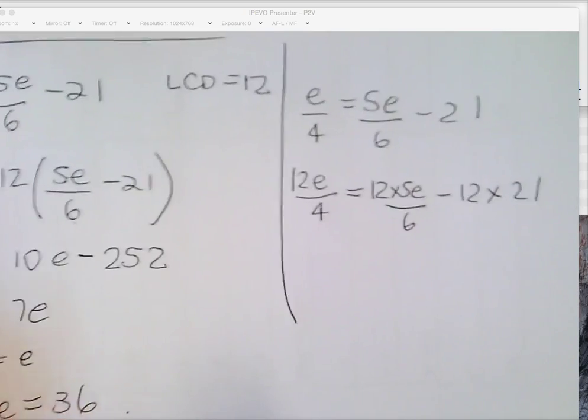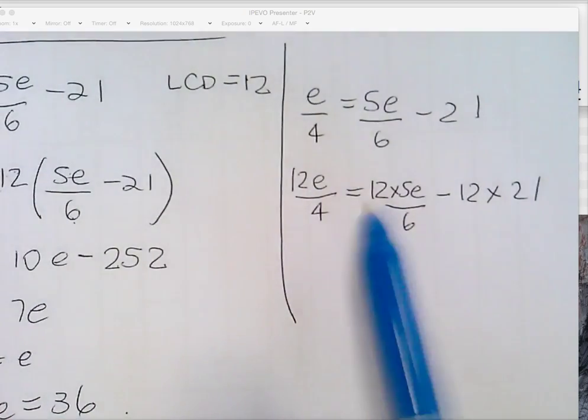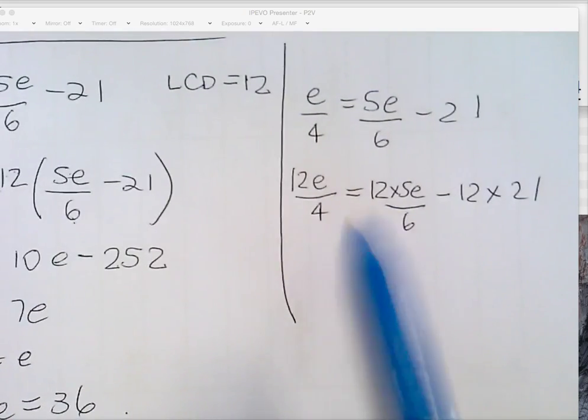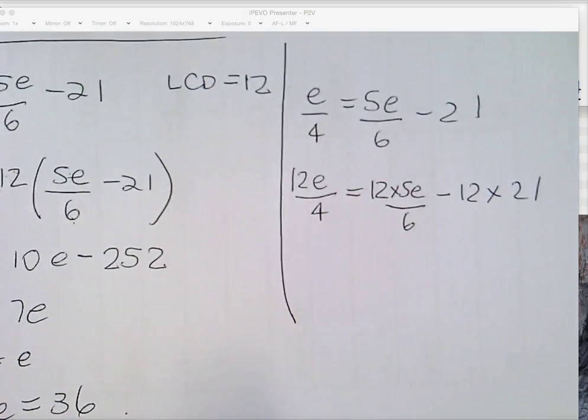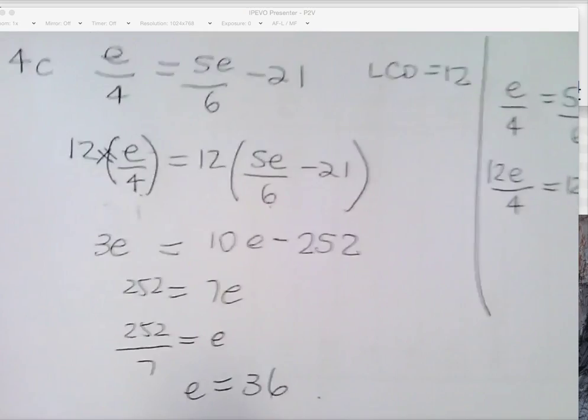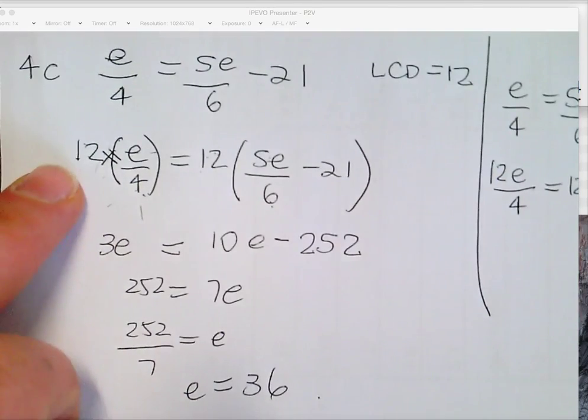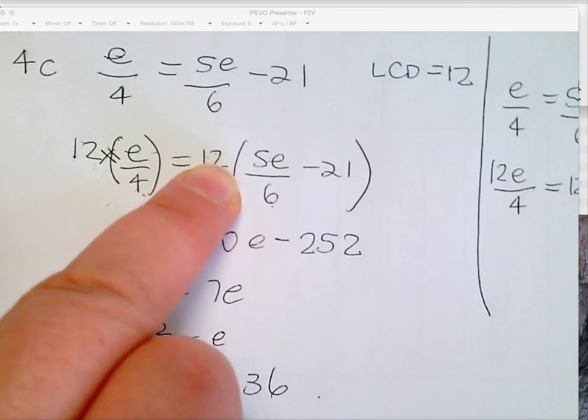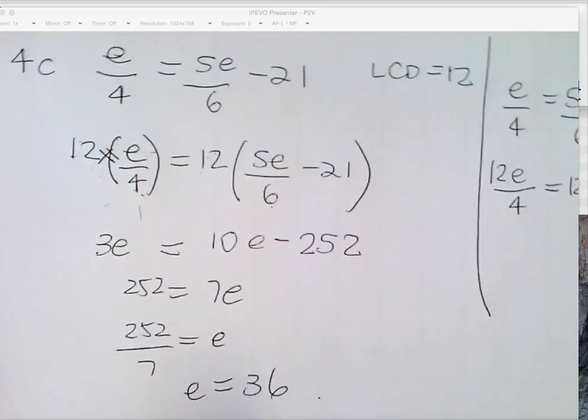Now, the reason I haven't shown you that straight away is that a lot of people think she's multiplying the left by 12, but she's multiplying the right-hand side by 12 twice. Why is she doing that? Do you see why when I put it in brackets, it's just showing multiply the left by 12, multiplying the right by 12, but there are two things on the right?